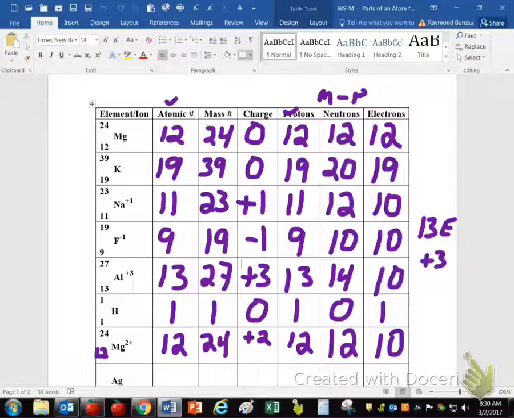Now remember that gainers are negative and losers are positive. So for this to be a positive charge, this had to have lost 3 of those electrons, right? 13 minus 3 is 10. Takes some getting used to, but once you get used to it, you'll be able to rip through this. All right, I'm going to clear all this off. Everybody ready? Okay, clearing off.